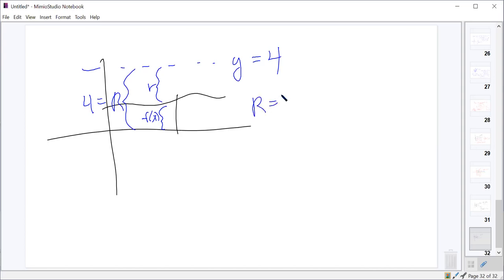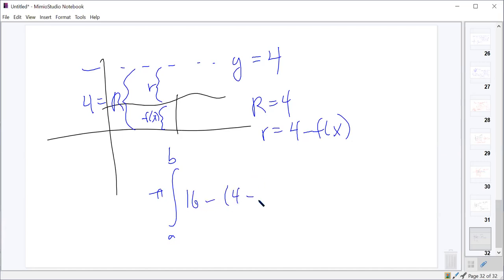So outer radius is 4, inner radius is 4 minus f of x. So we have pi times the integral from a to b of 16 minus (4 minus f of x) squared dx. Everybody good with that?